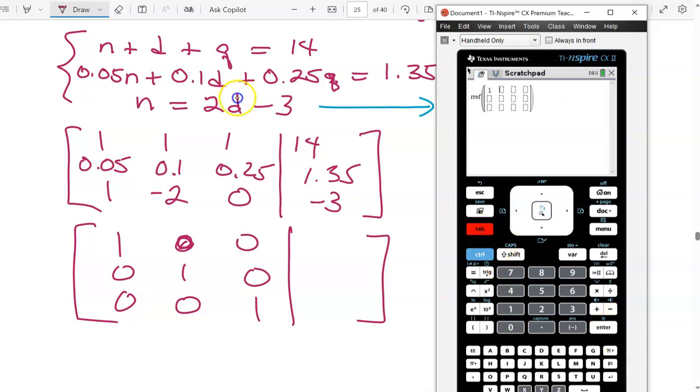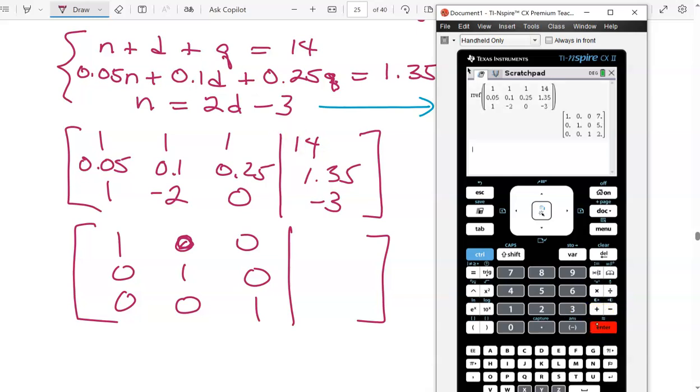The top row is 1, 1, 1, 14. The second row is 0.05, 0.1, 0.25, 1.35, and last row 1, -2, 0, -3.